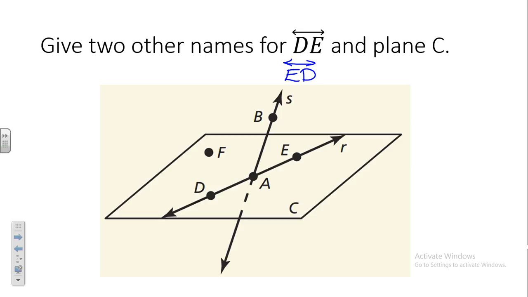Why are you shaking your heads? Good. The letter has to be capitalized to be a point. I agree with that. And there should be a dot on the line in order for that to signify that that is a point.